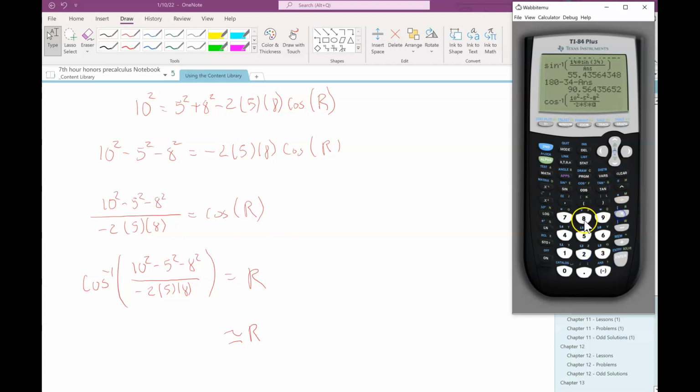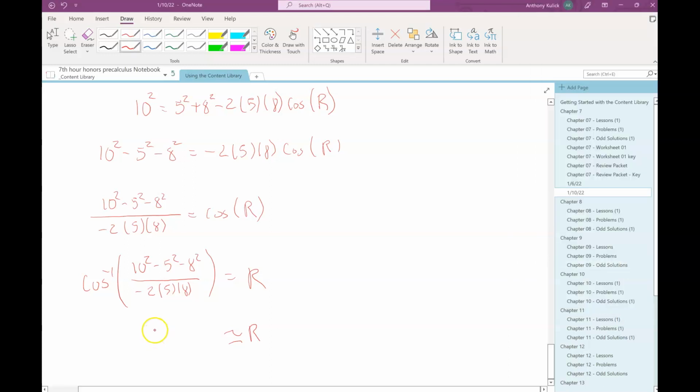But if you tried to type that in one line instead of using the fraction command, you need 2 extra sets of parentheses, which is kind of a hassle. So I get 97.90 there.